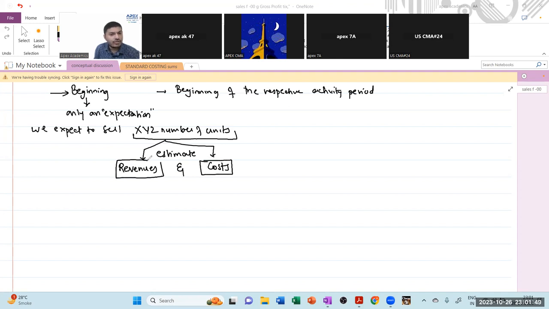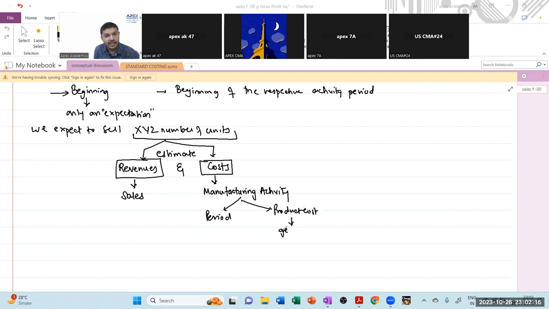By revenues, in simple parlance, I mean sales. And by cost, I mean all those costs that are necessary for the purpose of manufacturing activity. These costs can be period costs or they can be product costs, which are generally variable in nature.